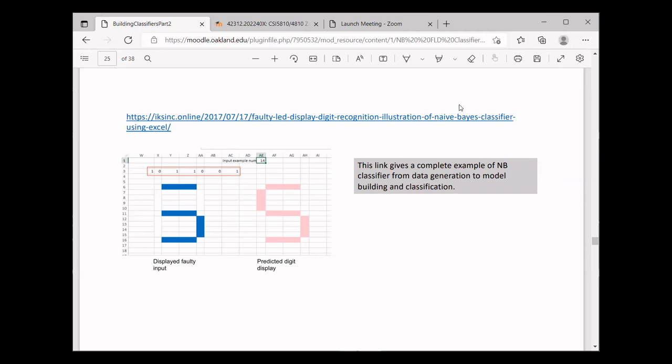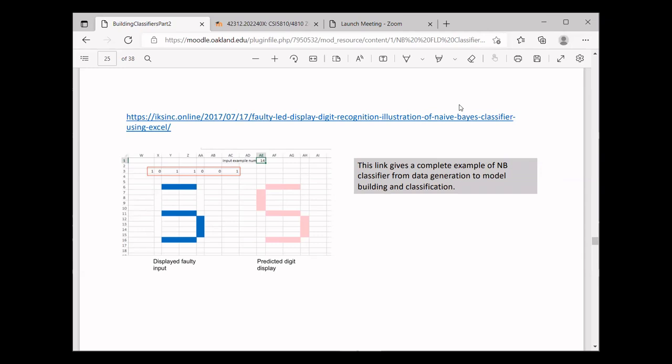In this blog post, you will find we generate training data through simulation by starting with the correct digit, adding noise and seeing what pattern we get. So we collect a lot of training data. Once the training data has been collected, we perform the calculations for conditional probabilities for the 7 segments conditioned on digit 0, 1, 2, and so on.